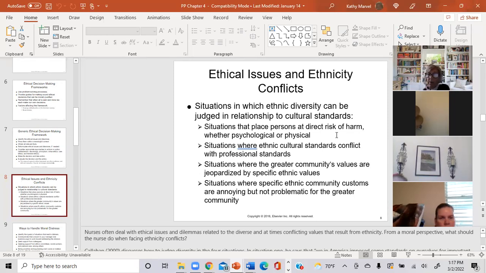Somebody give me an example of that. Where ethnic cultural standards conflict with professional standards. If someone needs blood and their culture doesn't. Excellent, excellent example. I think of immunizations from the school nursing.